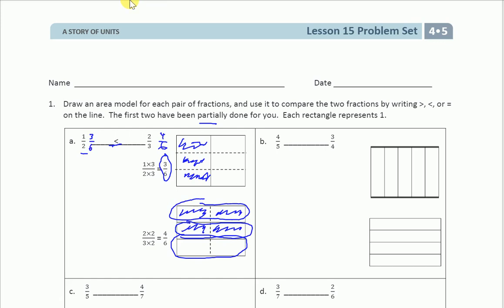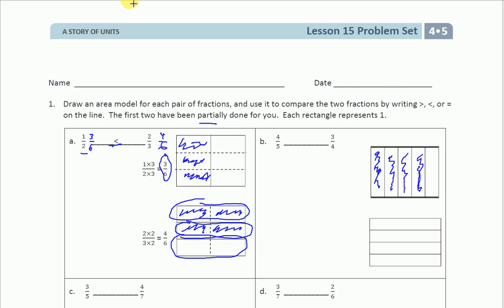Well, let's go on. It said the first two have been partially done for you, so the next partially done one is going to be B. It doesn't tell us which one's bigger or smaller, but it did start to draw what we're starting with. We're going to start with 4/5 going this way: 1, 2, 3, 4, 5, 4/5. We're going to start here and go 1, 2, 3, 4/5.